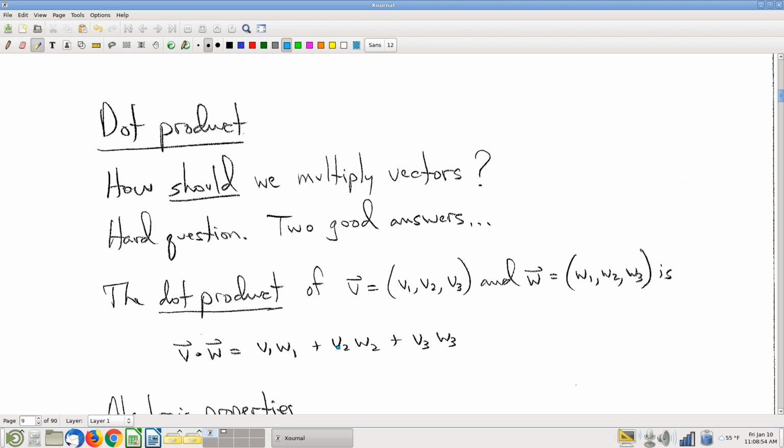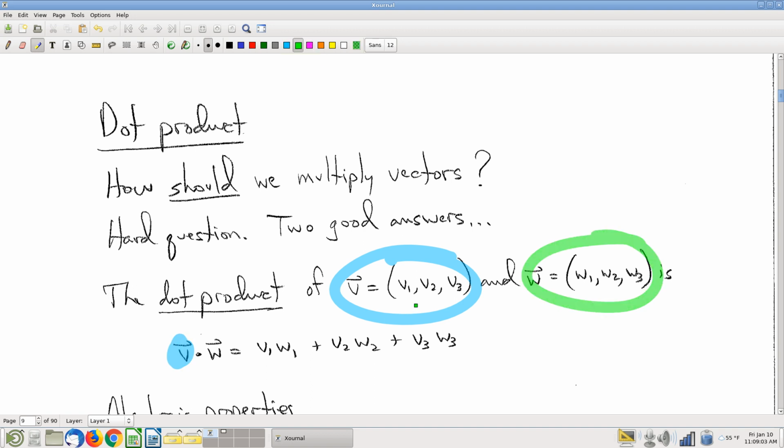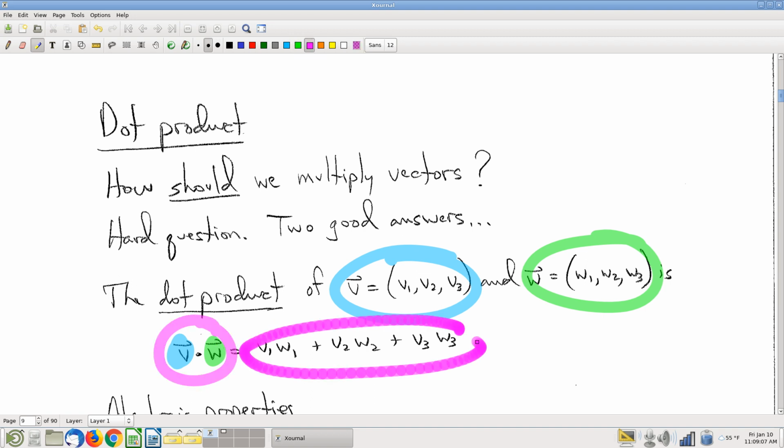By the way, here's another super weird thing. Notice that if you take a vector and another vector, their product is not a vector. This dot product that I've just defined, this dot product of a vector and another vector, is a number. So that's weird and counterintuitive, right?